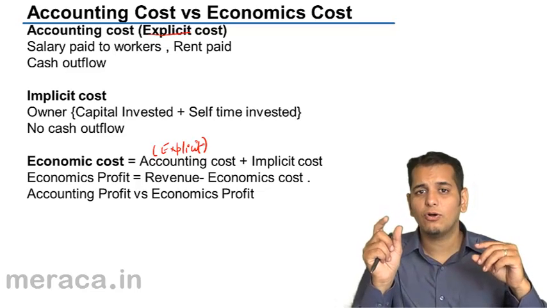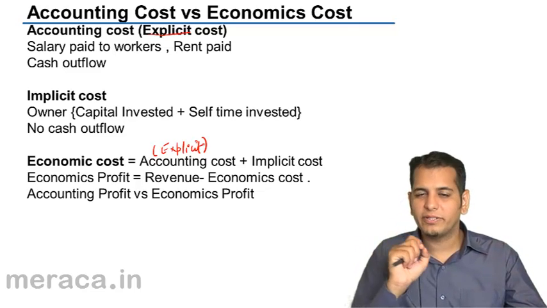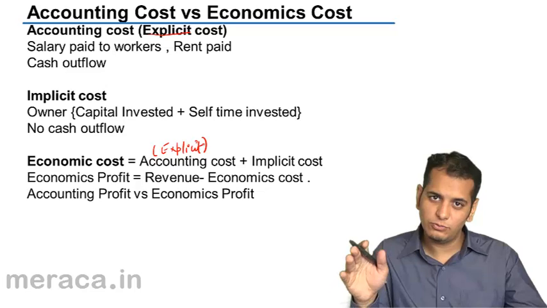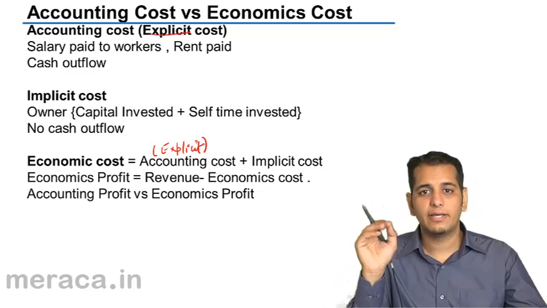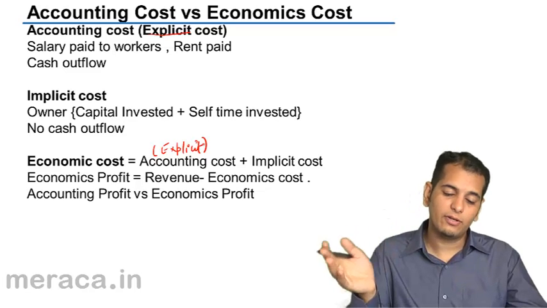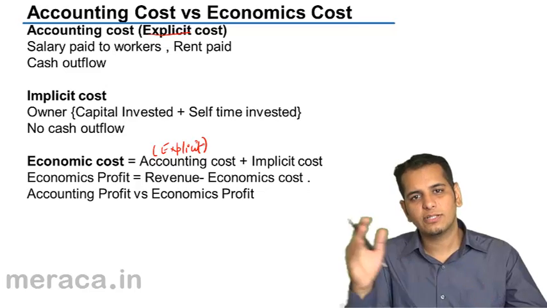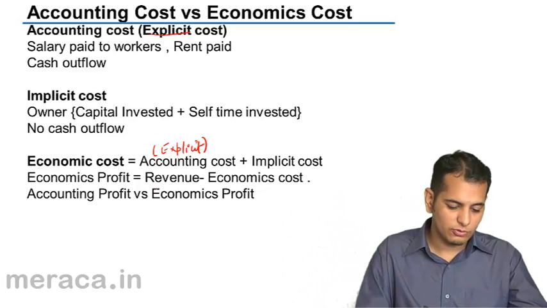So these are the costs that actually are incurred in the economic sense. But in accounts, they are not recorded, they are not considered as costs. But economic cost includes both explicit cost, that is the accounting cost, and the implicit cost.